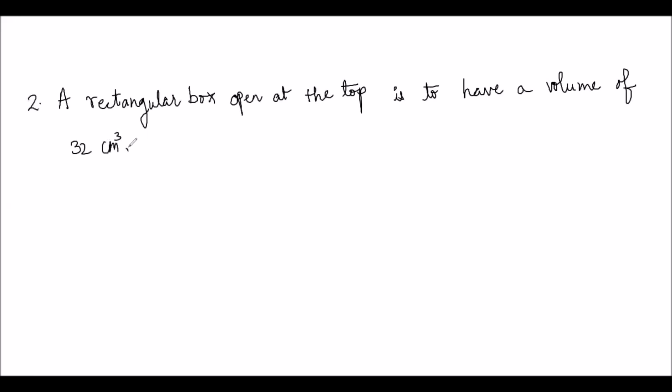So what is given? The volume of this rectangular box, which is open at the top, is given, and this volume is 32 centimeter cube. Find the dimensions of the box requiring least material for its construction.